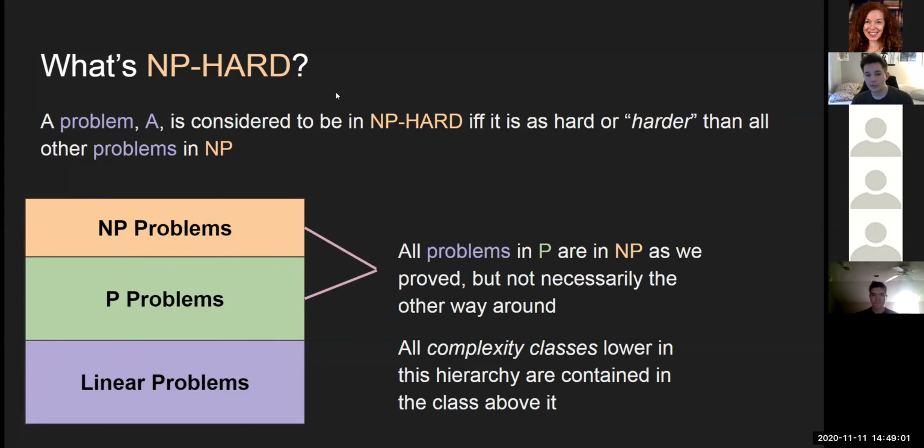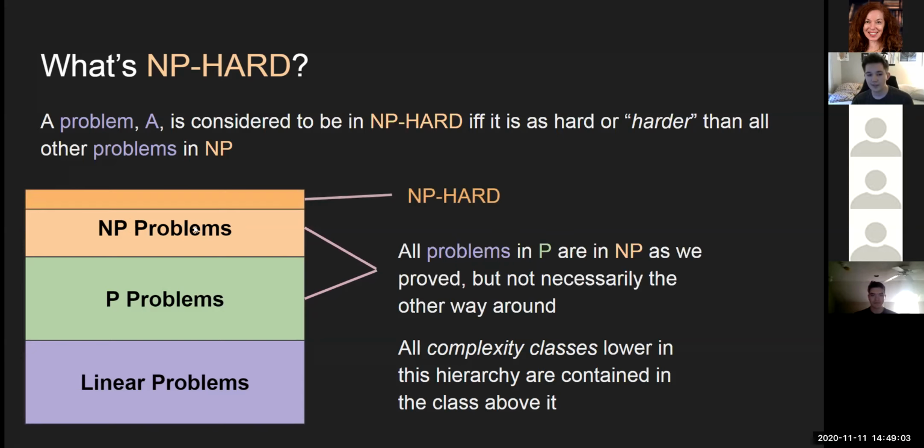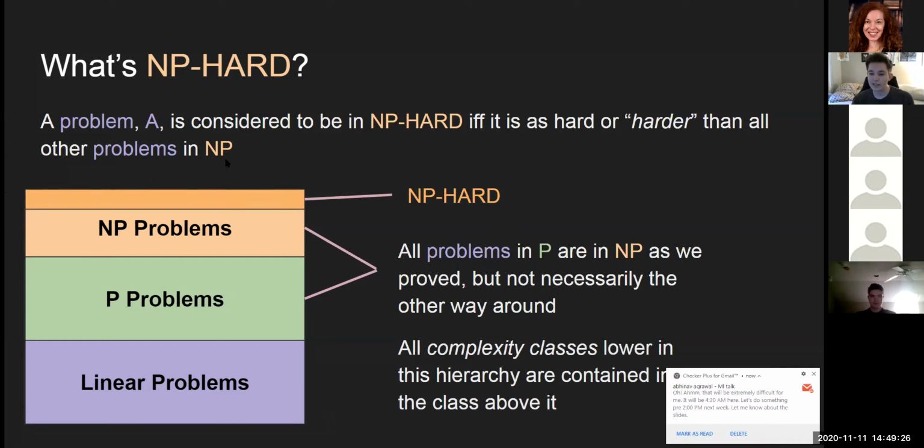And now we have our NP hard. NP hard sits inside of NP, but it is sort of the pinnacle of it. It is a special section of NP that is harder than the rest of them. And I should specify that NP hard does not necessarily mean that the problems are in NP.